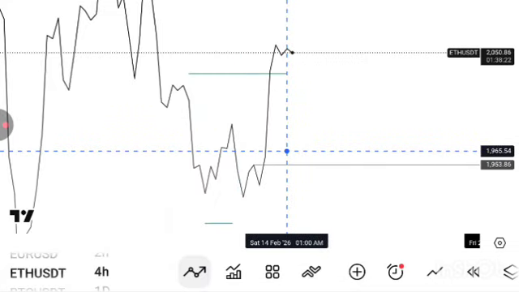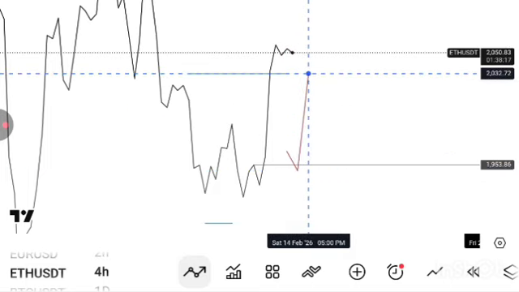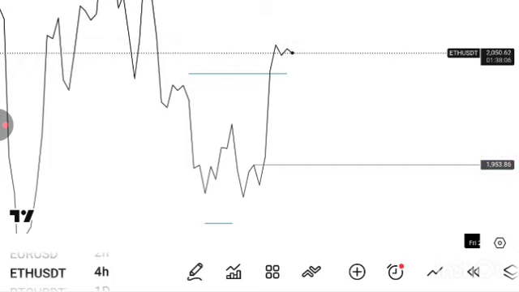I anticipated price to come back to this level, and I said I was going to target this high, this daily high here, so that you know how it is, right? So that was what I anticipated price to do, and I got exactly that.